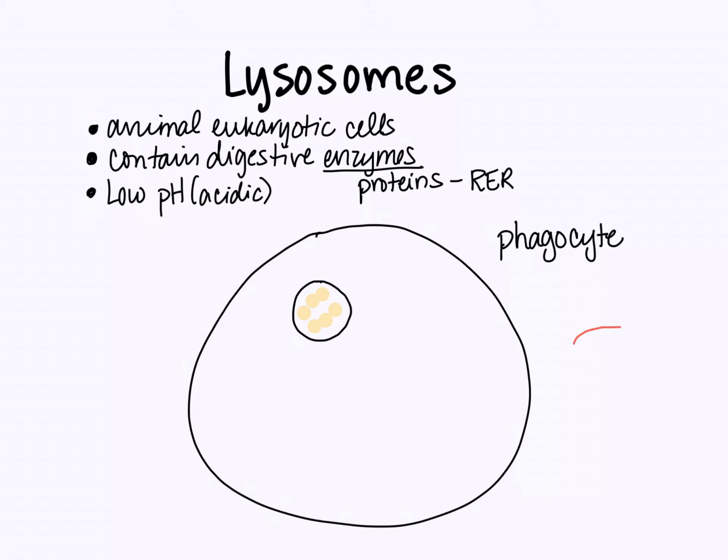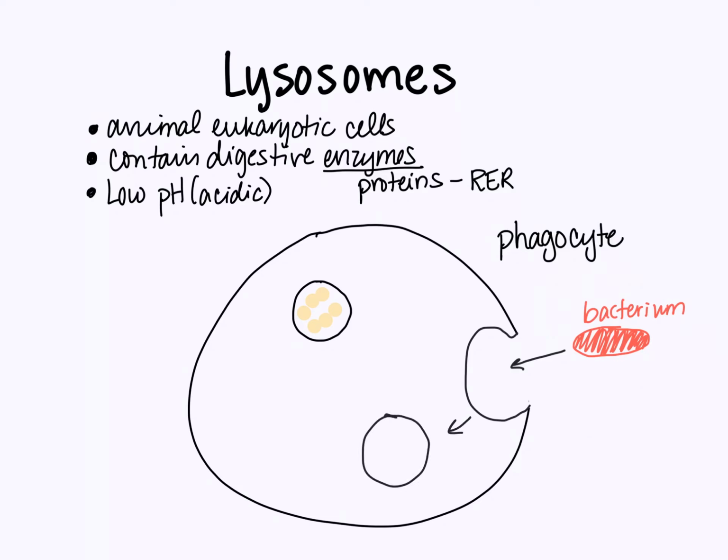So let's say we have a bacterium, and this would be a bacterium that would potentially cause you harm. So what these cells can do, they can pinch in their cell membrane to actually engulf the bacterium. So ultimately what would happen is that a vesicle would bud off, and that vesicle would contain this bacterial cell.